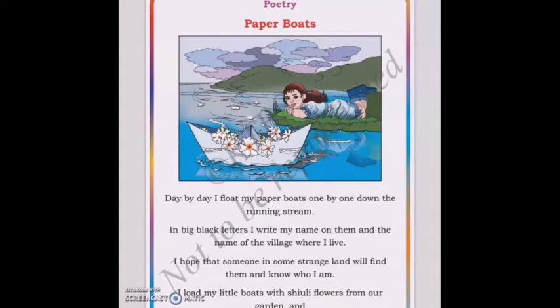She has a hope that when it reaches the shore, someone in a different land would see the paper boat and know who she is. So she says, I hope that someone in some strange land will find them and know who I am. So this poem talks about the desire of a child, wherein she wants the people in a strange land to know who she is.